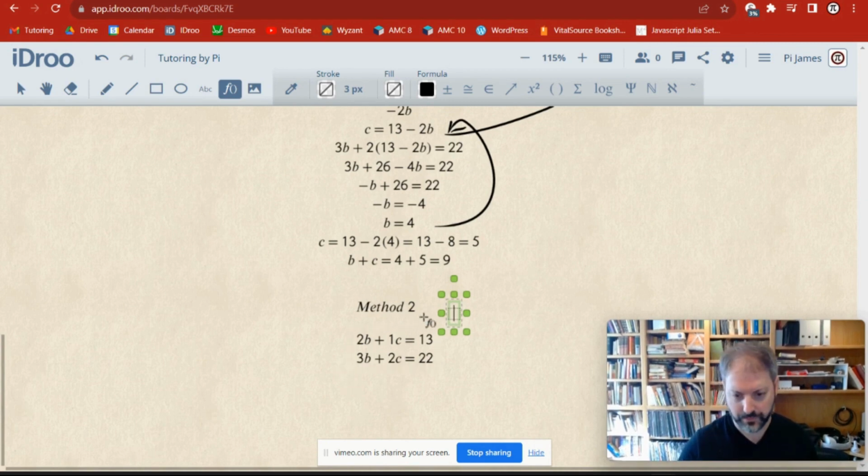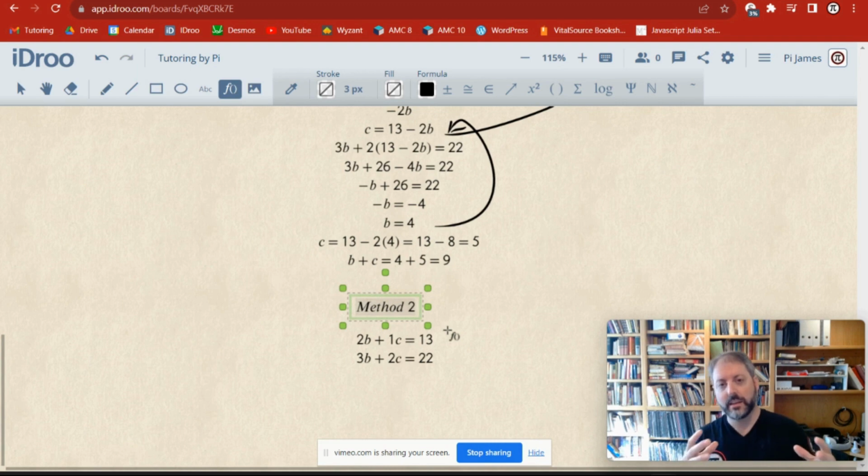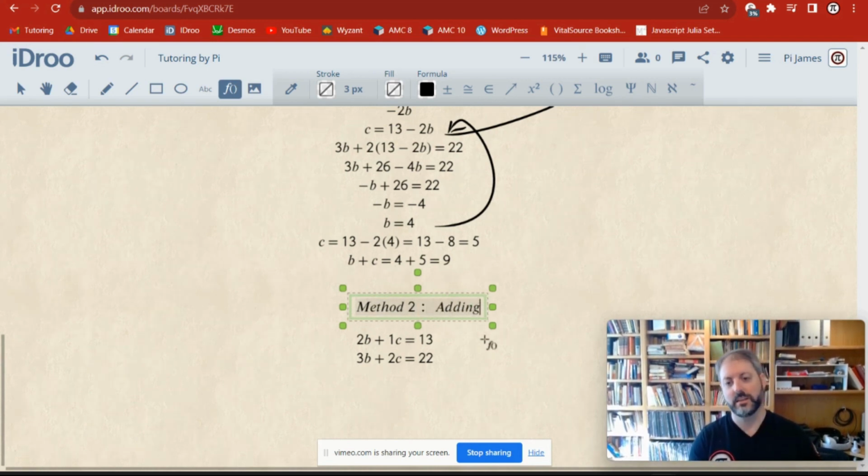Okay, so method 2 for solving a system of equations is called adding and subtracting, because you add and subtract them together. So what we do here is we're going to find a proper way of adding these two equations together so that one of the variables goes away. So method 2 is adding and subtracting.